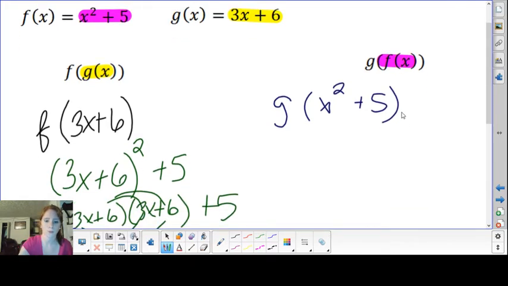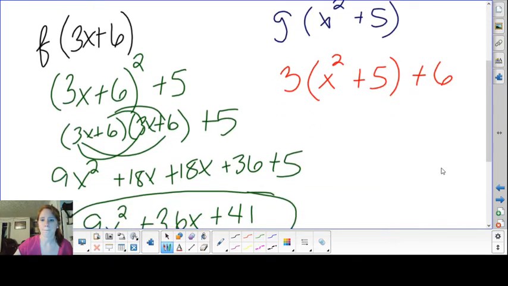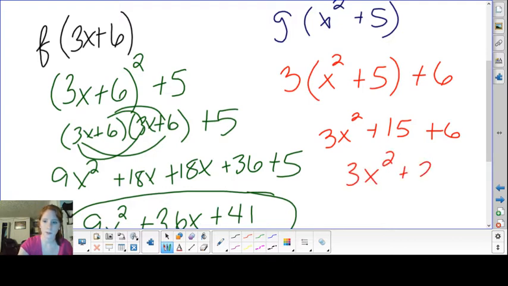So I have 3 times x squared plus 5, plus 6. So I get 3x squared plus 15 plus 6, which gives me 3x squared plus 21.